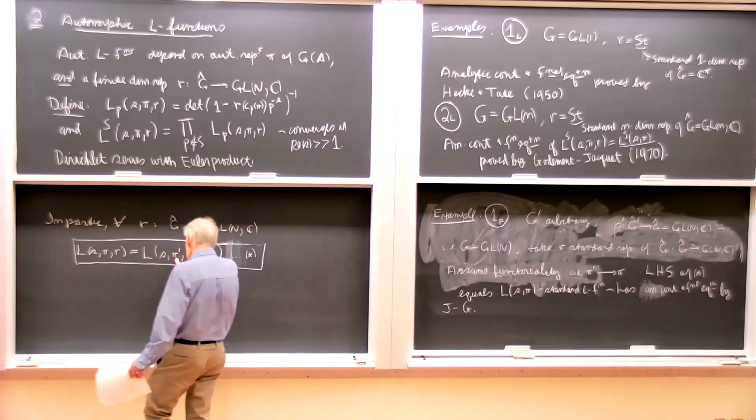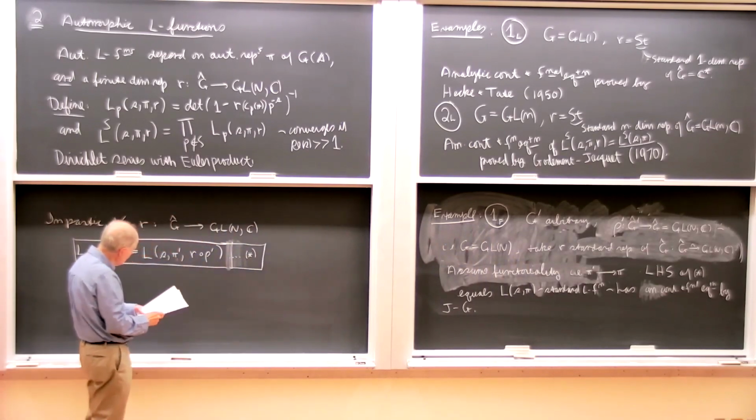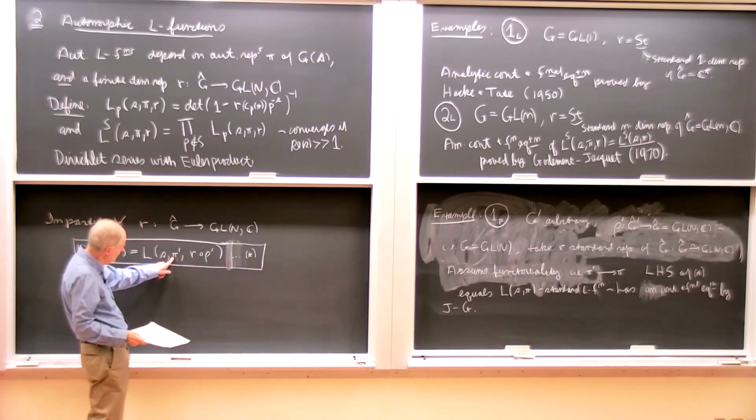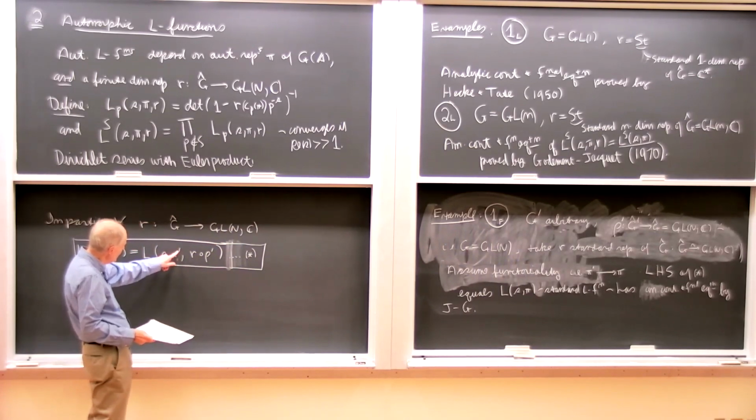But the notation's different. What I had earlier when I was defining an L function for a general group was that pi was attached to G. Here, if I think of G prime instead of G, this is a general group G prime, a general automorphic representation pi prime of G prime(A), and a general representation.